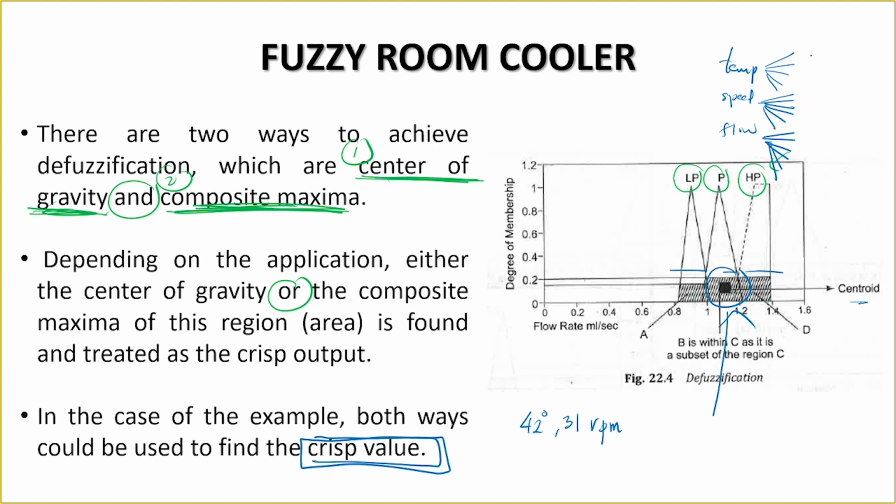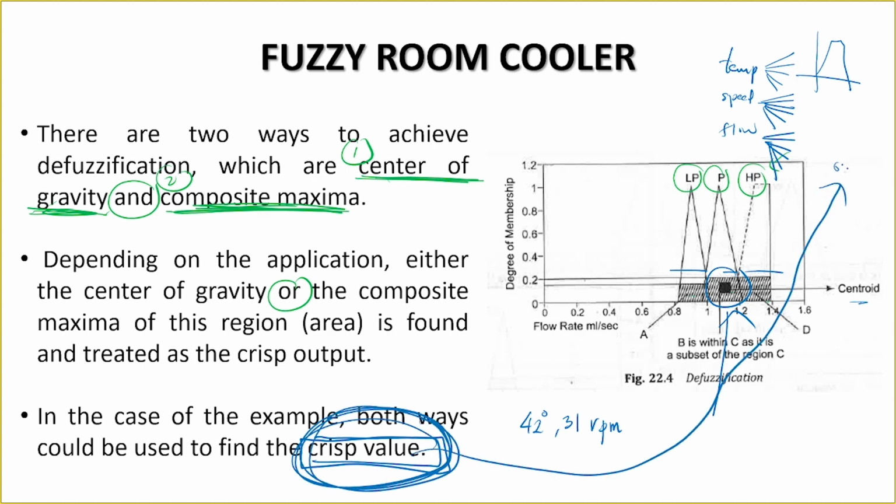So even though we have the membership value, at the end of the day, we try to harmonize the Chris value as the output of all this system. Okay, so that one is in the case for example, both way could be used to find the Chris value.